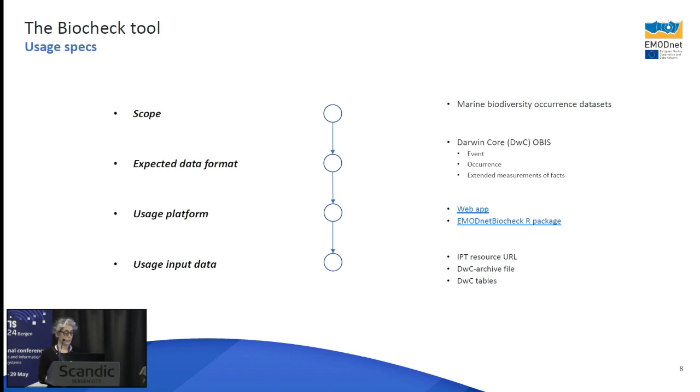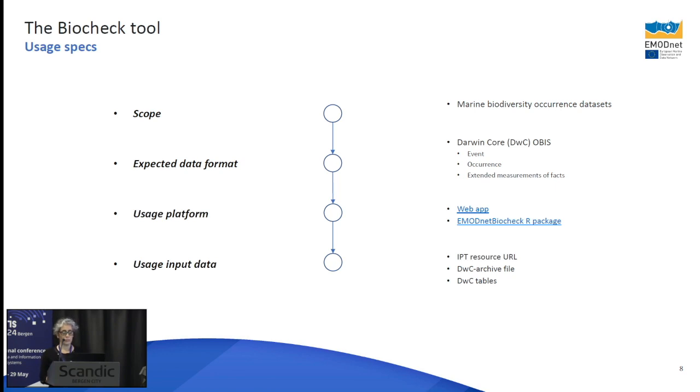In terms of the data format, we adhere to Darwin Core because that's what the biodiversity community uses. And it is very effective with the OBIS-ENV extension, which allows for the inclusion of those environmental or biotic or abiotic parameters. It currently is done in R software. You can use it either as an R package or as a web application.